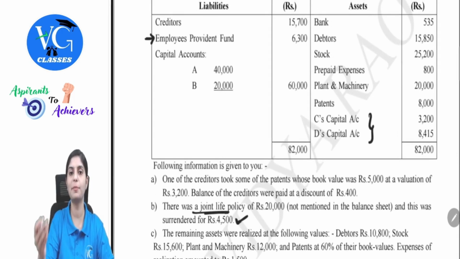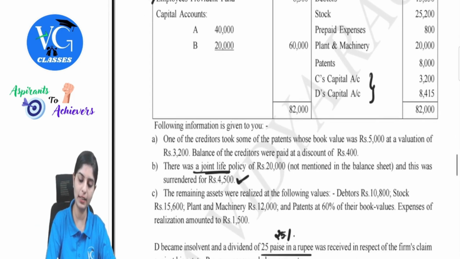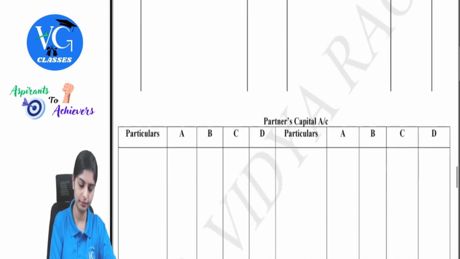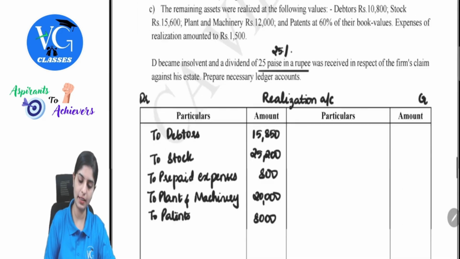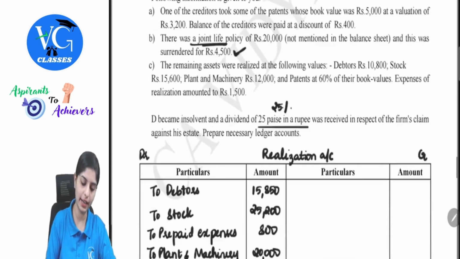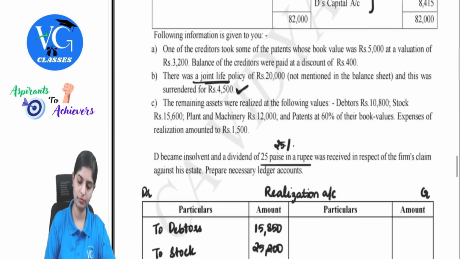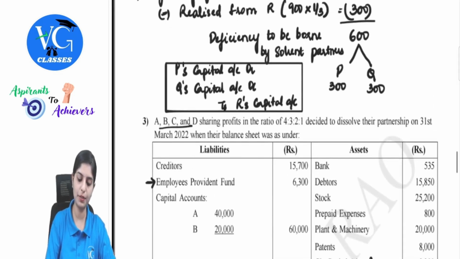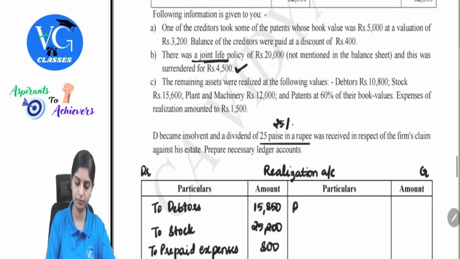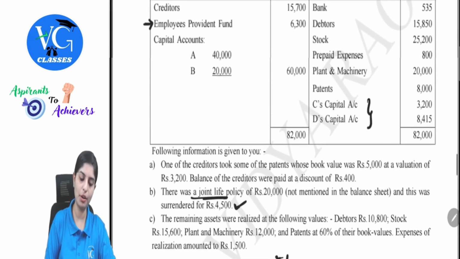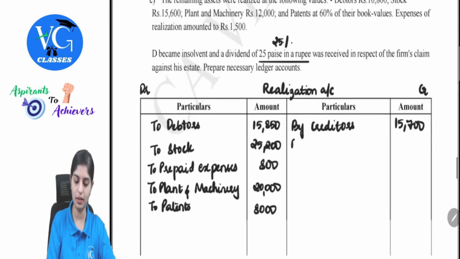Coming on the debit side, we will present this in the capital account. To balance brought down, for C and D, this is 3,200 and 8,415. Then we have creditors 15,700. Then employees provident fund 6,300.